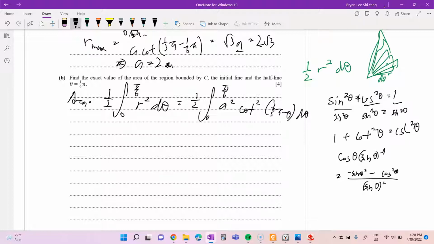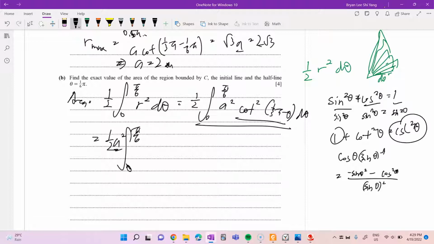Yeah, okay. So this whole thing here would be equal to, sorry for stalling your time, 1/2 a squared, because a is constant. For cotangent, I could rewrite it as cosecant square minus 1.